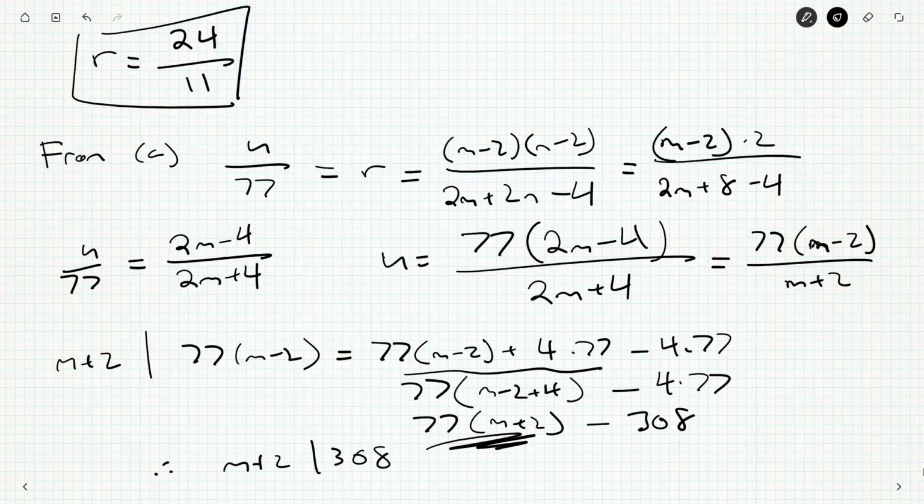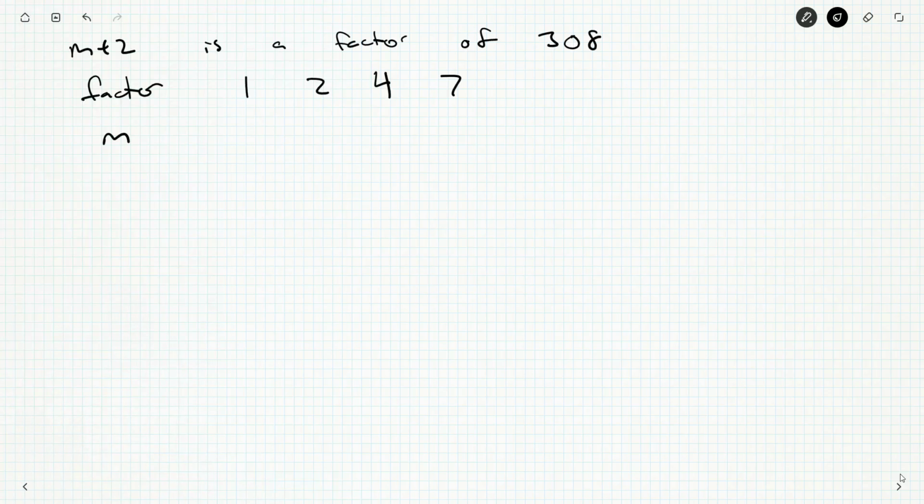Now we can start getting values for m. So m plus 2 is a factor of 308. Well, what are the factors of 308? I'll say factor, and then what m is, which is 2 less than the factor. So we can have 1, 2, 4, 7, 11. This is 2 squared times 7 times 11, so we should get 3 times 2 times 2, 12 factors here.